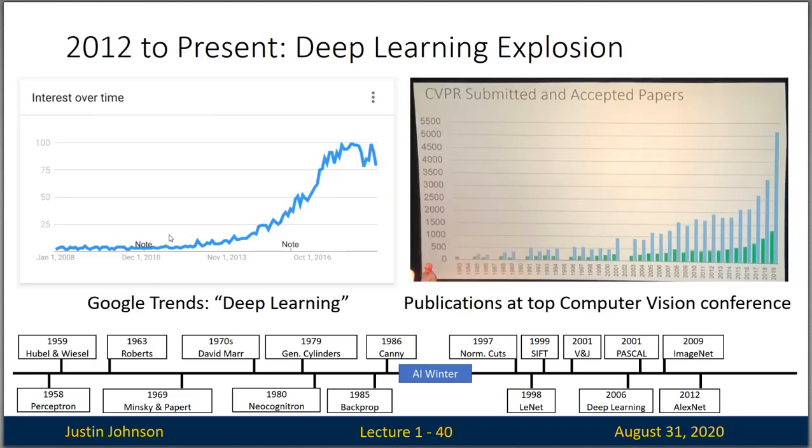And then from 2012, when Alex Krizhevsky and others introduced AlexNet, and it was so successful in ImageNet, this deep learning explosion came and really made deep learning mainstream.